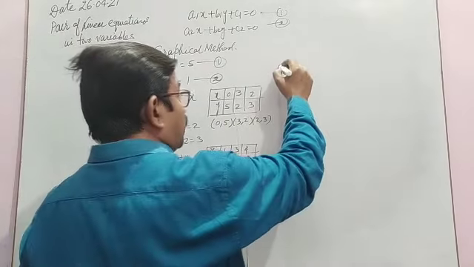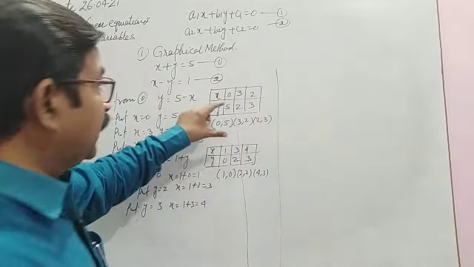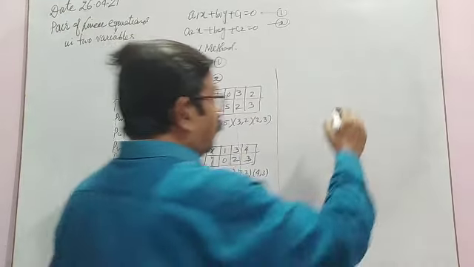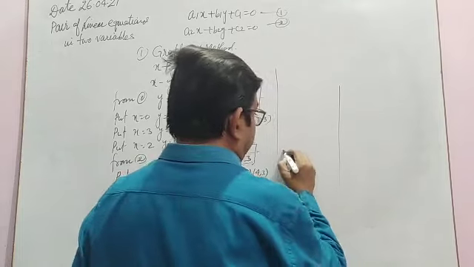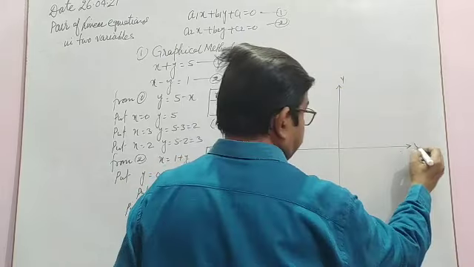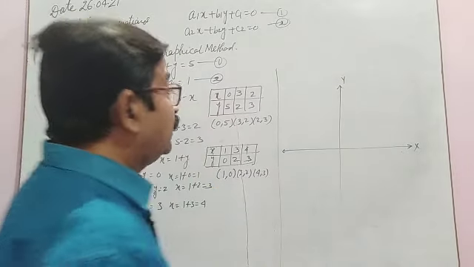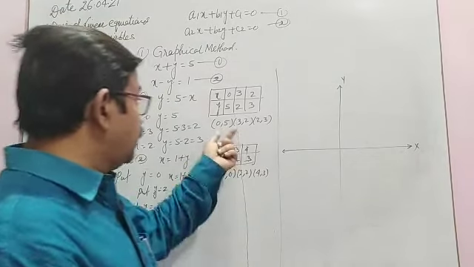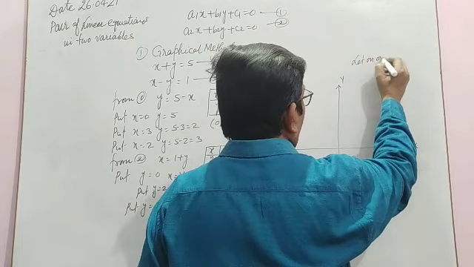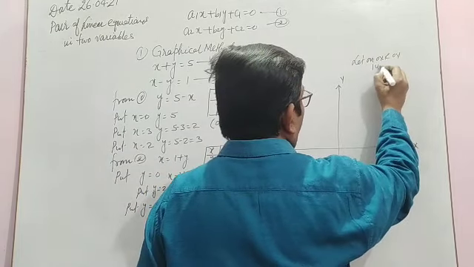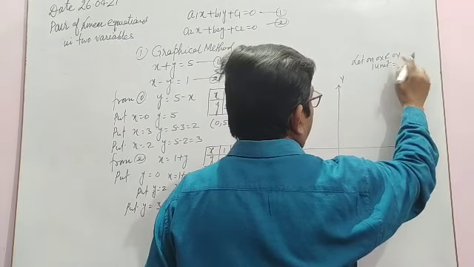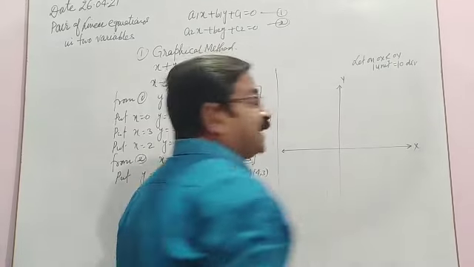Now we are going to plot the graph. Both the graphs must be plotted on the same sheet. First of all, we draw the grid, x and y axes, and write the scale. The maximum value is 5. So we can write like this: on OX and OY, 1 unit is equal to 10 divisions, or we can take 1 centimeter.